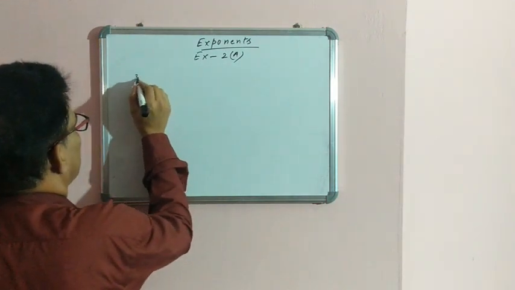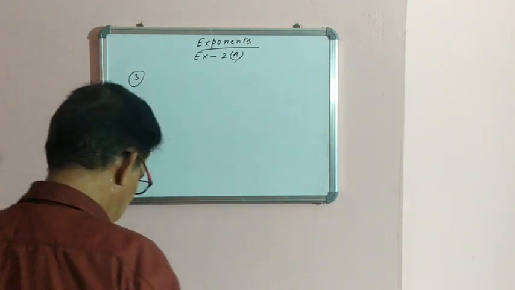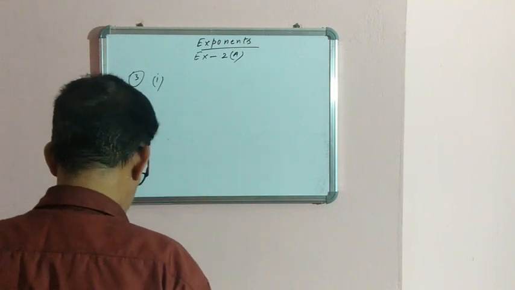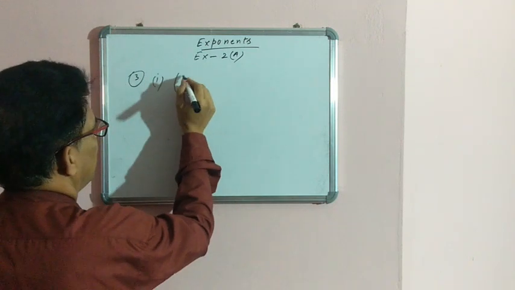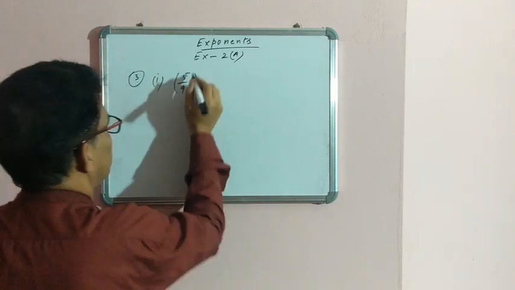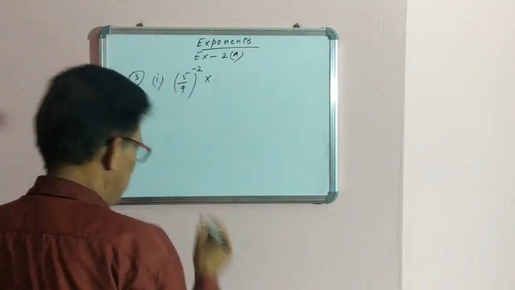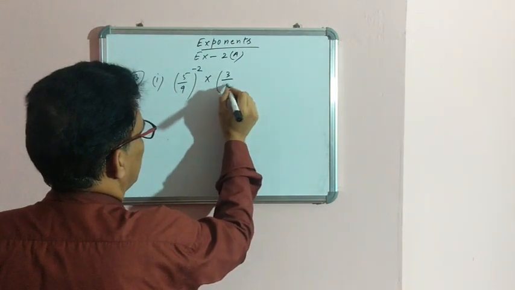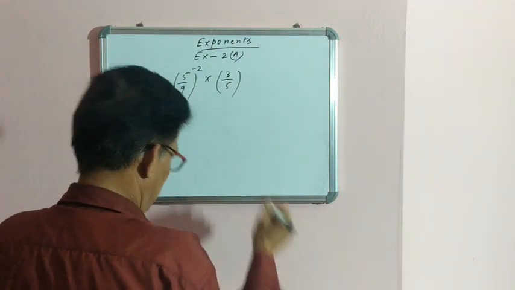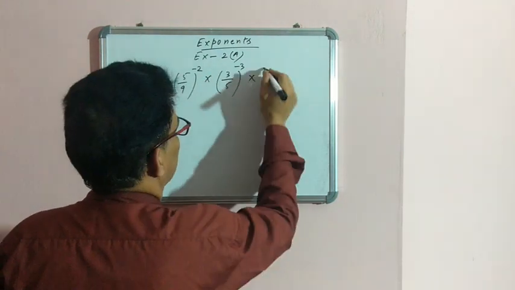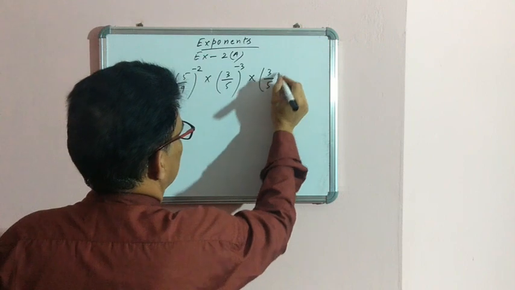Now I am taking the third question. This is again evaluate. The first part is (5 by 9) power minus 2 into (3 by 5) power minus 3 into (3 by 5) power 0.